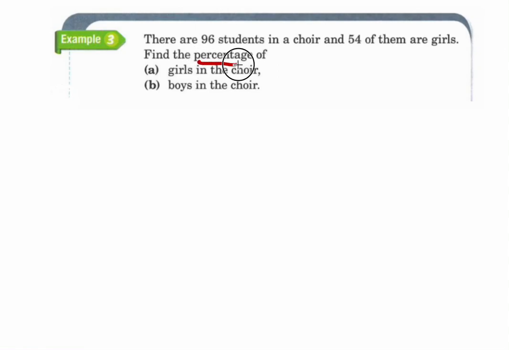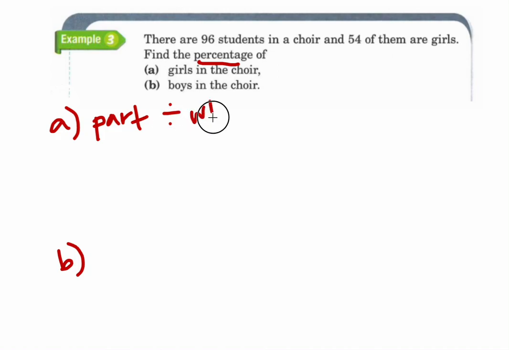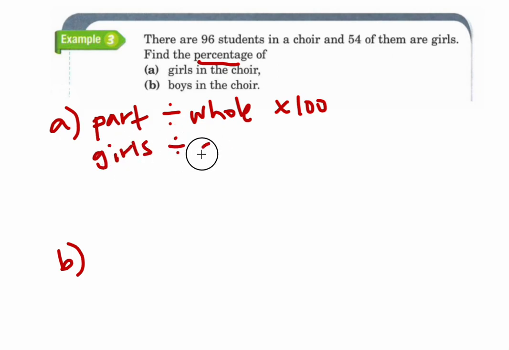Okay, so they need to find the percentage of A, the girls in the choir, and B, the boys in the choir. So like we did before in our pizza example, we're going to need to figure out the part, divide that by the whole, and then multiply it by 100 to figure out the percent. So if we want to figure out the girls in the choir, the girls are a part of the entire choir.